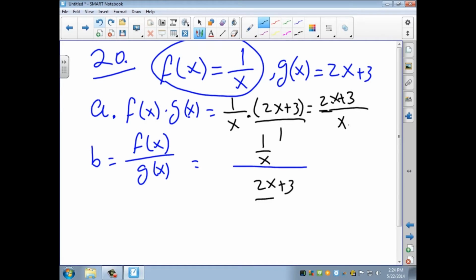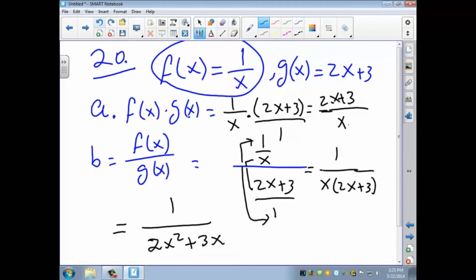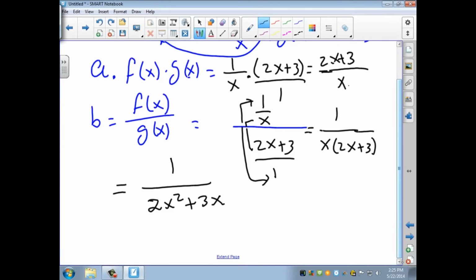Give a denominator of 1 here. Now this 1 multiplied by this one will go in the numerator, so 1 times 1 is 1, and the denominator would be this one times this one, so it is x times 2x plus 3, which would be ultimately equal to 1 over 2x squared plus 3x. So that is the two functions divided by each other.